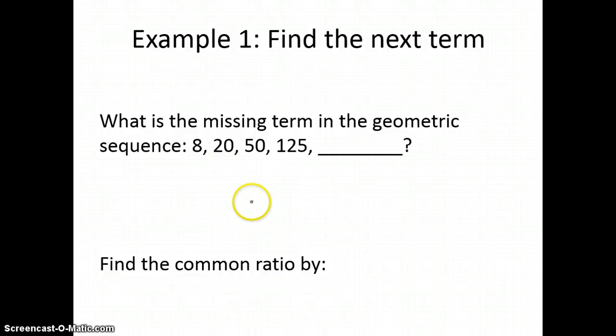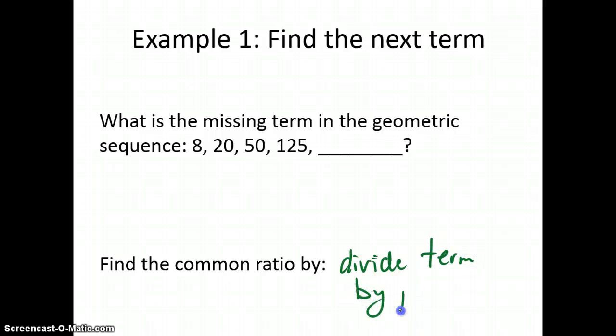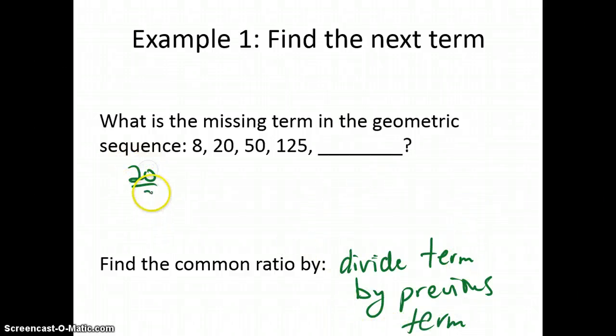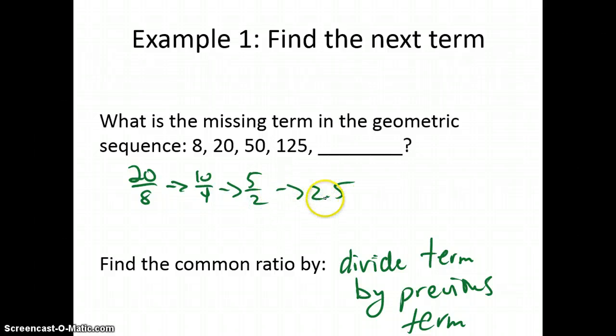A way that you can find this common ratio is to divide a term by the previous term. That's going to give you the common ratio, so we're kind of working backwards here. If I did 20 divided by 8, it's 10 over 4, which is 5 over 2, which is 2.5.